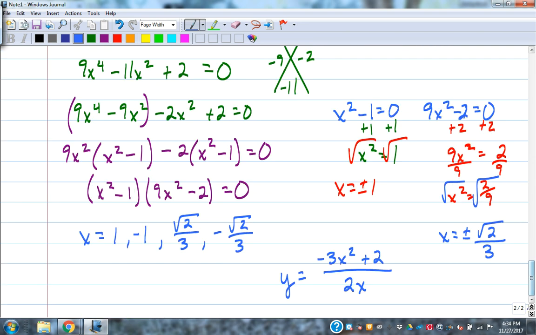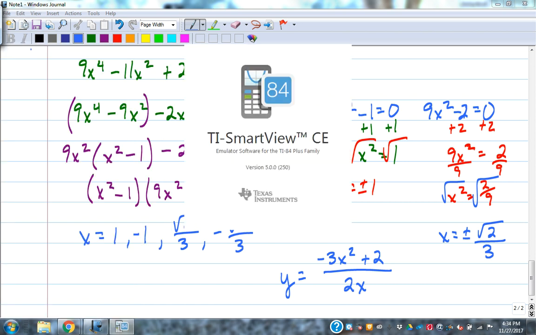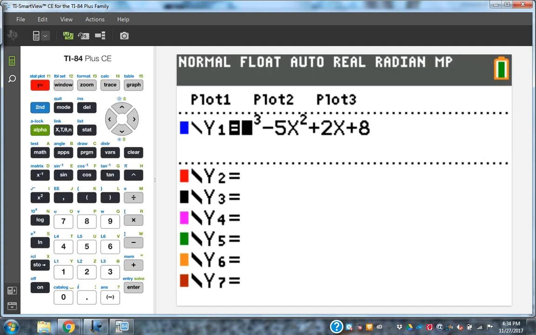Okay. This is where I would employ the old calculator, save myself just a little bit of work here. In my graphing calculator, I'd type in negative 3x squared plus 2, and then close the parentheses, divided by, and then parentheses 2x.